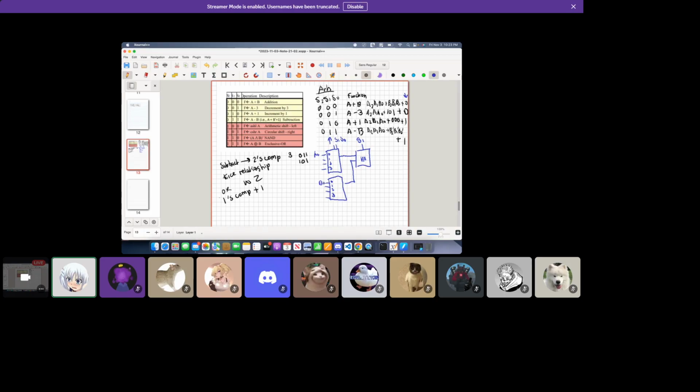When it's 0, 1, we're going to still add by A, A0. When it's 0, 1, we're going to add by 1. When it's 1, 0, we add by 0. 1, 0, you add by A0 still. And then it's A minus B, you add by A0. And then you add by B0 prime. Perfect. We've done our first one.